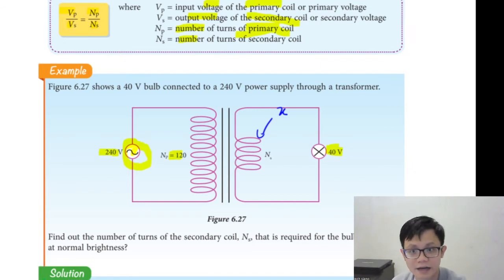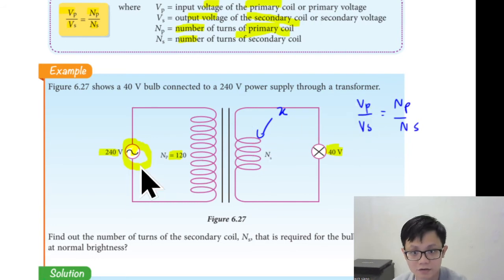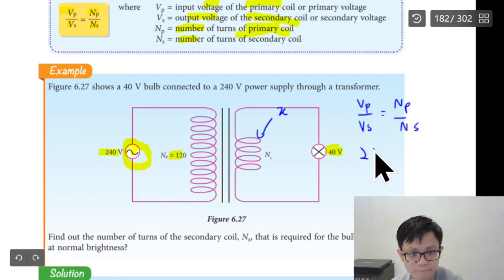So I just write Vp over Vs equal to Np over Ns. Vp is 240. Vs is 40. Np is 120. And Ns is X.